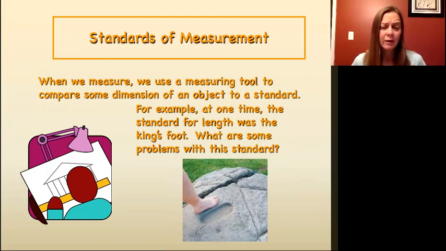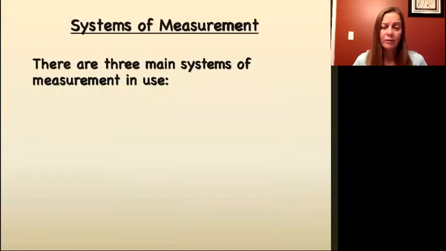So we're going to talk about our 3 main systems. The one we will use most commonly in this course in chemistry is the metric system. This is the one with the base 10 and all of the prefixes.